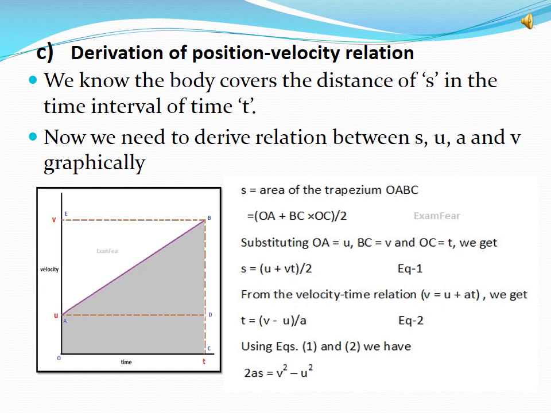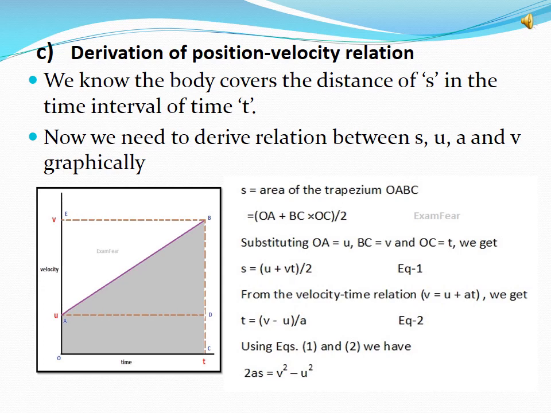From the velocity-time graph shown in the figure, the distance s traveled by the body in time t is obtained by the area enclosed by the graph with respect to the time axis or x-axis. Here, the area is enclosed within the trapezium OABC under the graph.